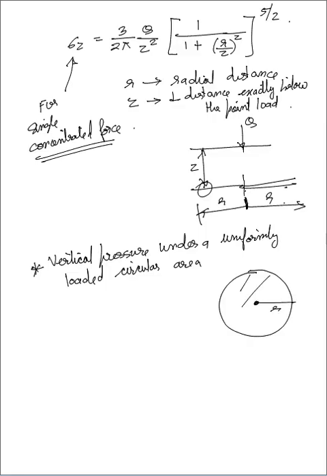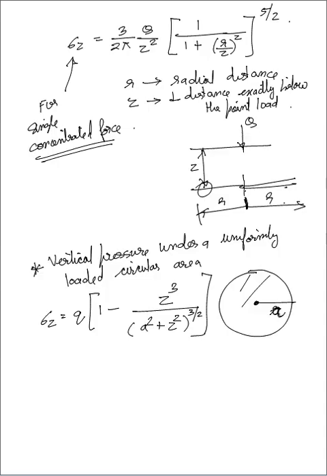Here the formula will be sigma Z is equal to Q into [1 minus Z cube upon (A square plus Z square) raised to 3 by 2], where Z is your perpendicular distance directly below the load. In this formula A or R, both are the same thing; this is the notation given in books, so we can write A.